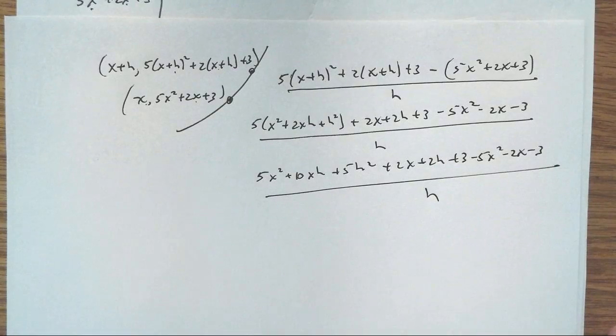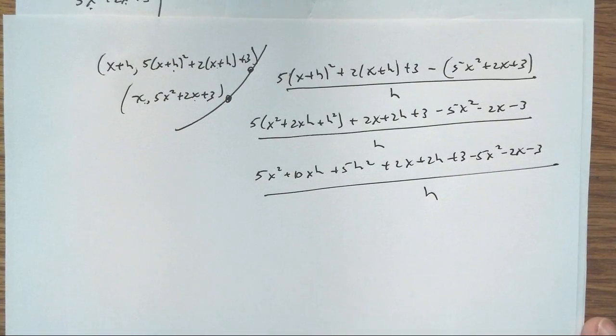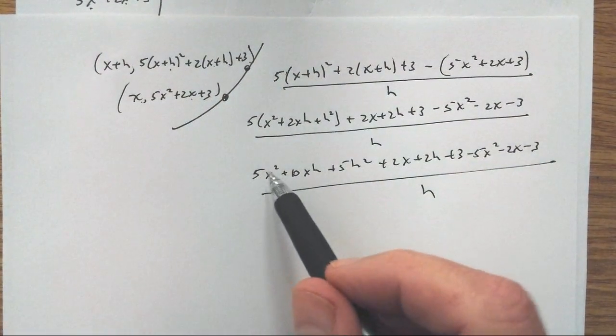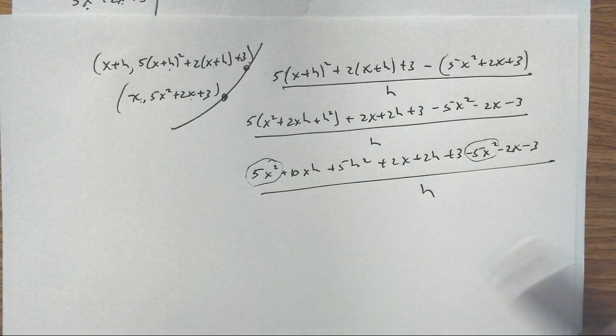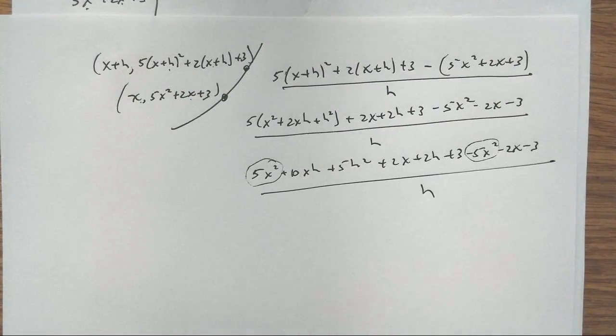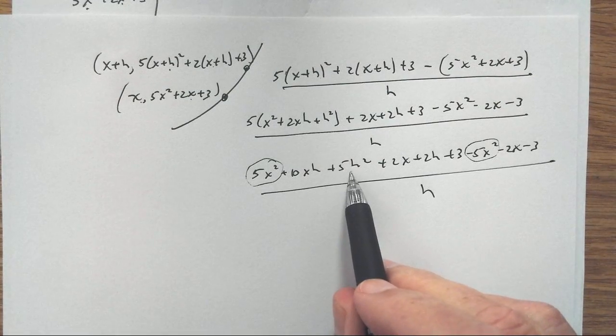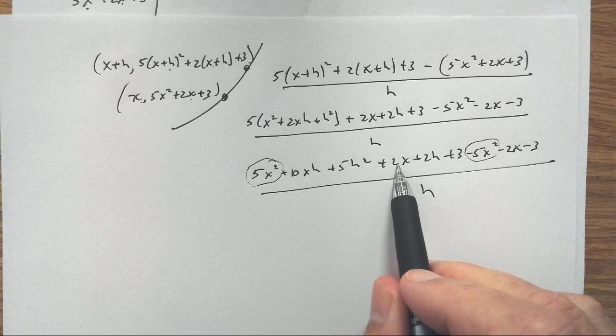Man, I hope everything that's not an h cancels. Does this 5x squared cancel? Yep. Wow, are you going to be lost? All right. 5h squared, this doesn't cancel. Does this 2x cancel?